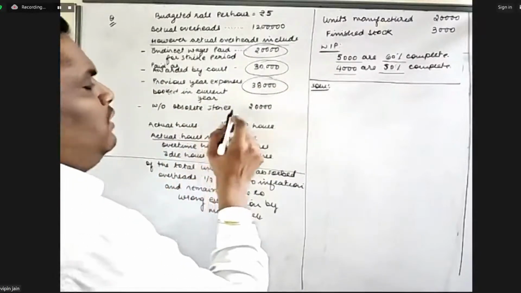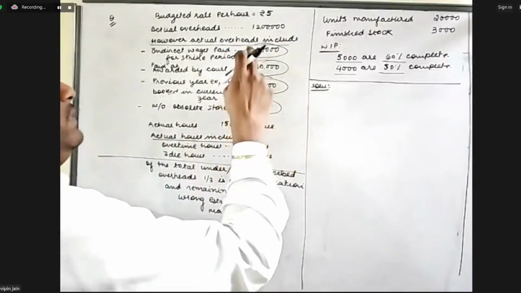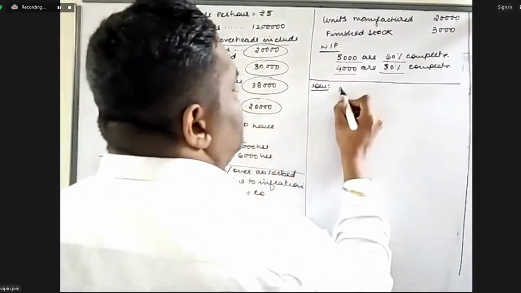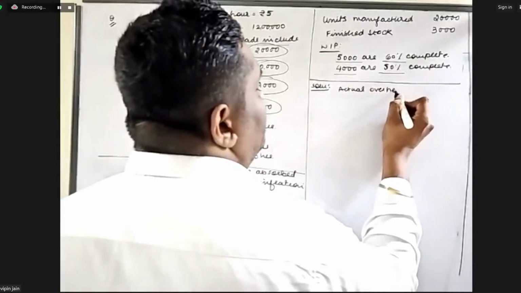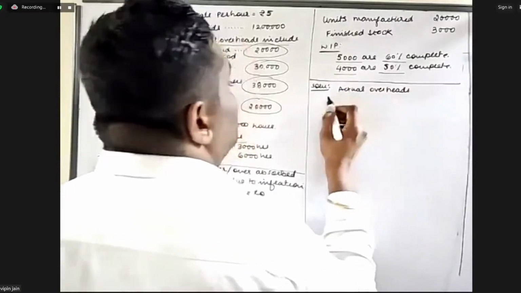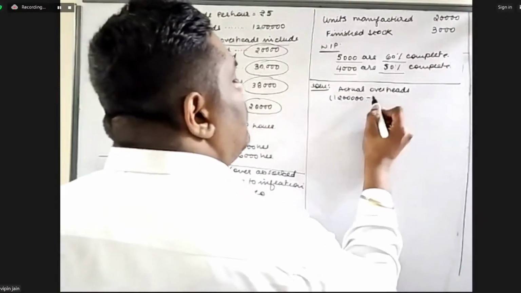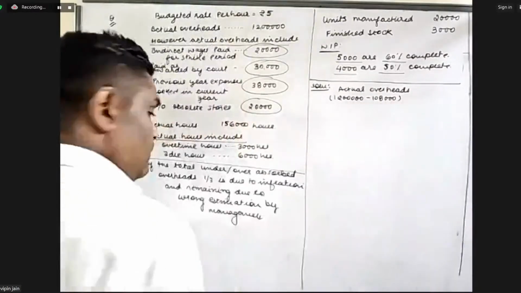And return of obsolete stores will be deducted. So 3 plus 2, 5 plus 2, 7, 1,08,000 will be deducted. So my actual overheads will be 12 lakh minus 1,08,000.